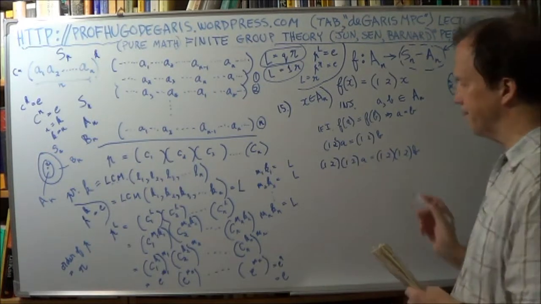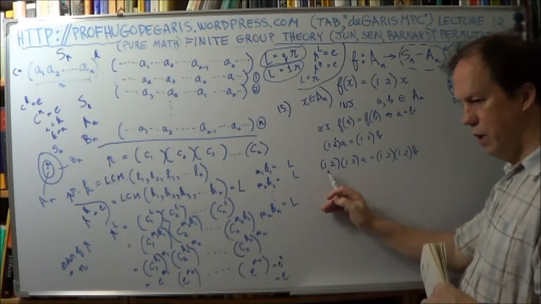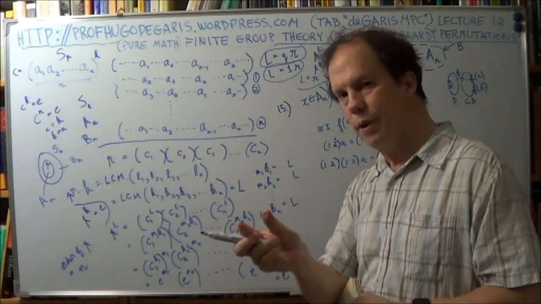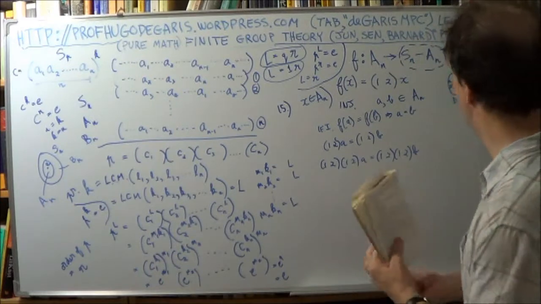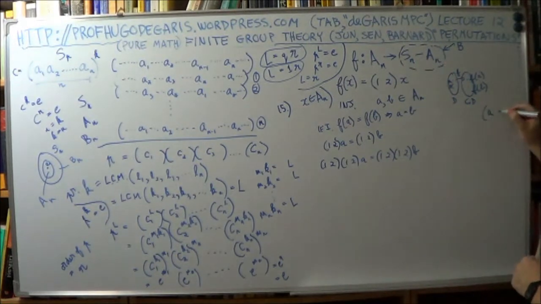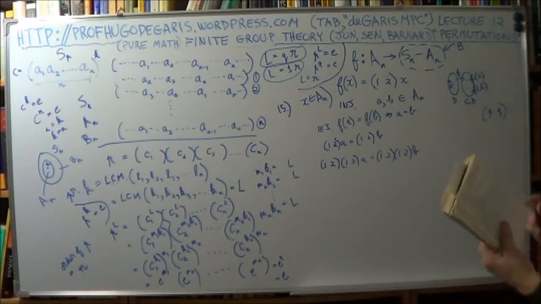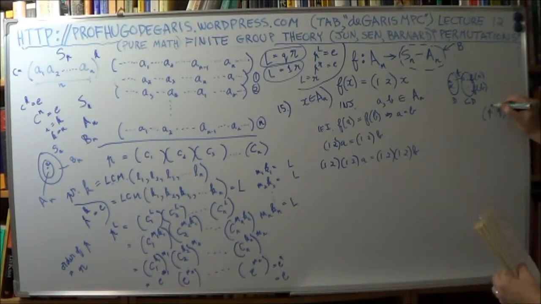Now why did I do that? Well, if you apply a transposition twice, what do you get? I mean, think about what a transposition is, right? In general, a general transposition is of this form. Let's call it (P Q). Let's say P goes to Q and Q goes to P. So effectively, it's just a swapper, right?